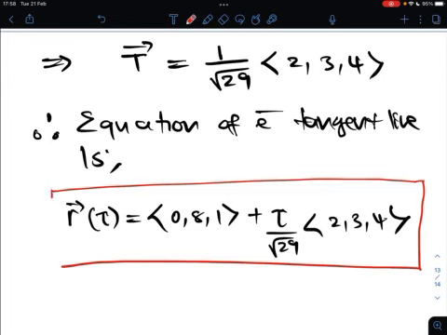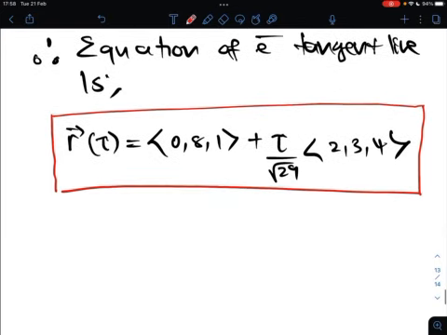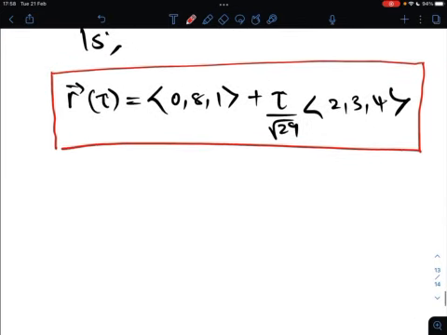But sometimes they can go further than this. They can say, determine the parametric equations of the tangent line. So how can you get the parametric equations of the tangent line? If you want to find the parametric equations, this is how you proceed.